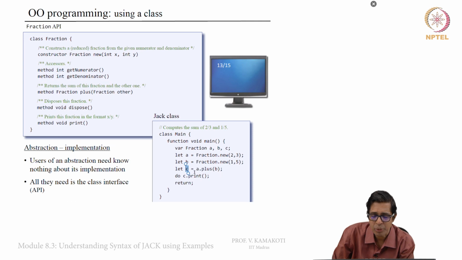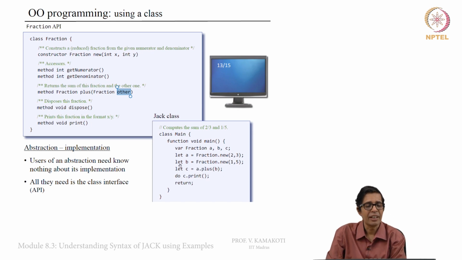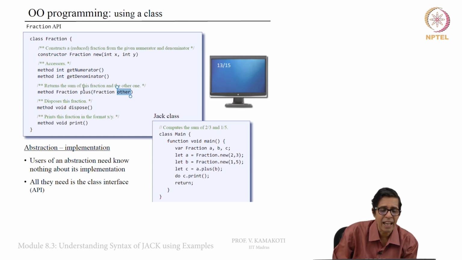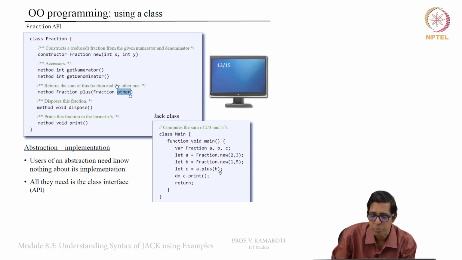Now, C is equal to A.plus. I am using fraction A, and for fraction A there is a plus method, and that will take another fraction, the other fraction, as input, that is B. So, A.plus(B) takes B as input, and this is expected to give me A plus B, and that will be C, because that particular plus function returns a fraction.